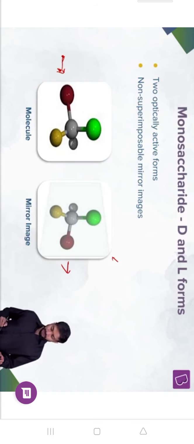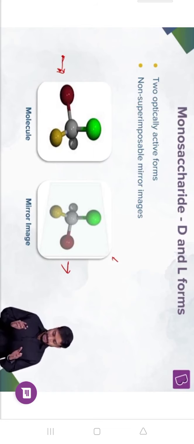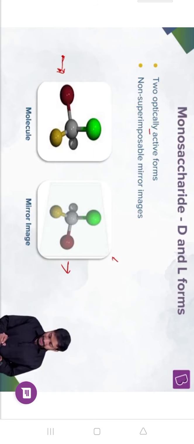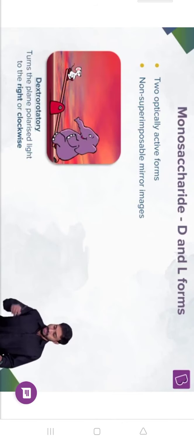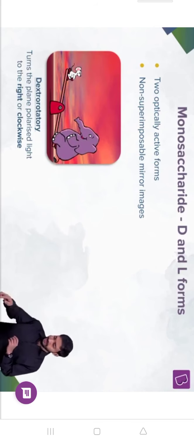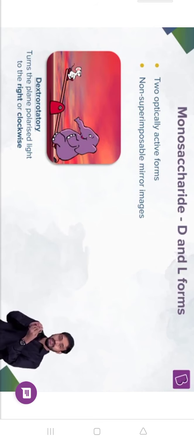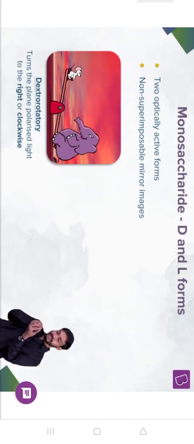Now what we'll try to do is understand about these optically active forms. Let's see. Optically active forms. Now, light. If you talk about a source, let's imagine this is the source of a light. It's a torch. If I just light it, light is moving from this direction towards you. Fine. Light is moving from here to this side. This is the path of movement of light.